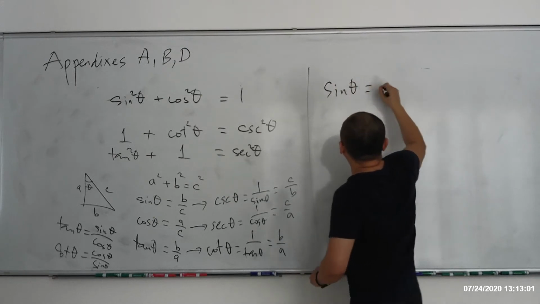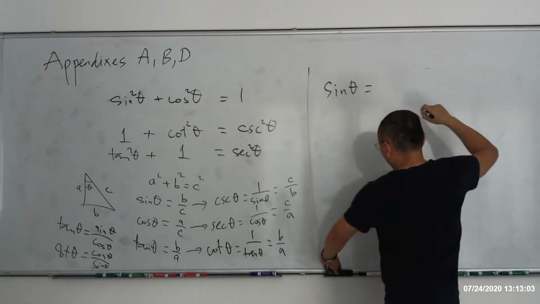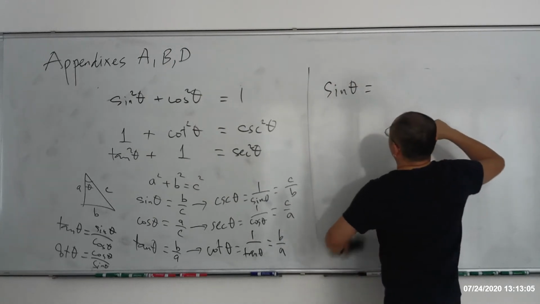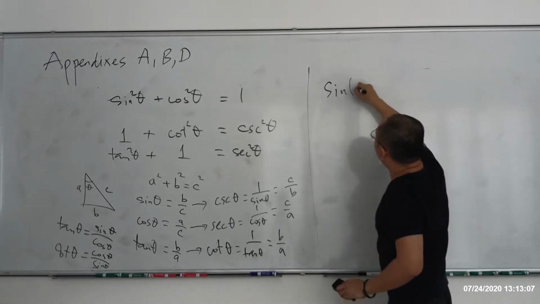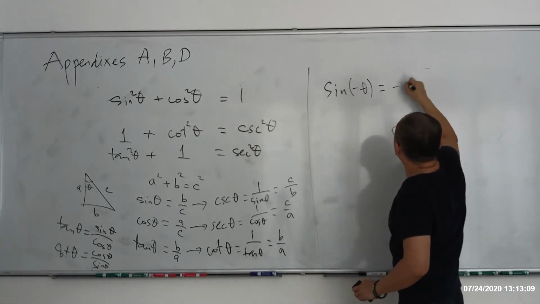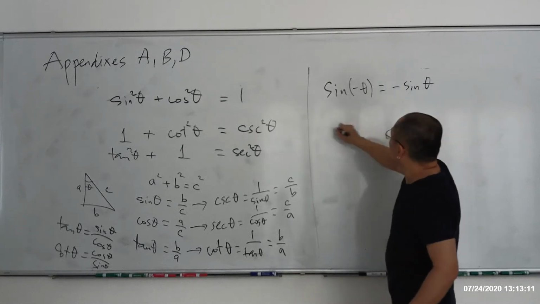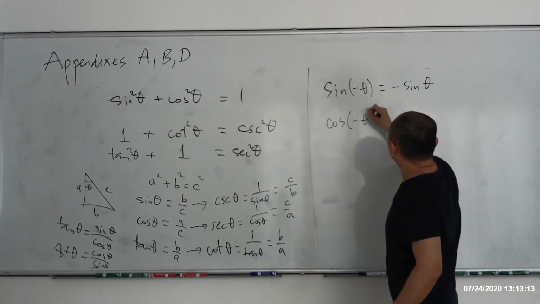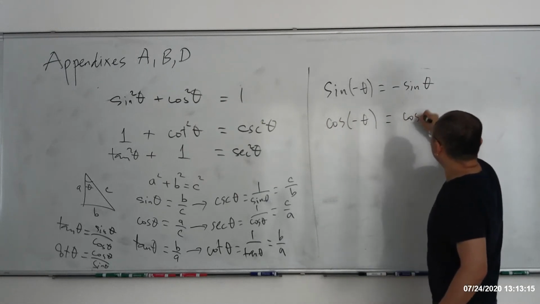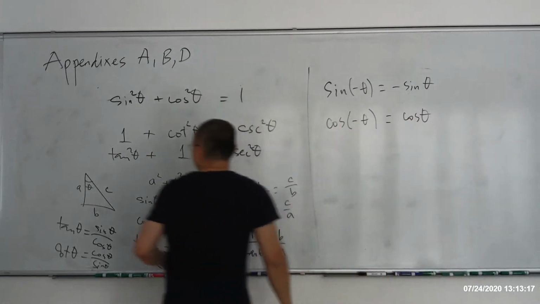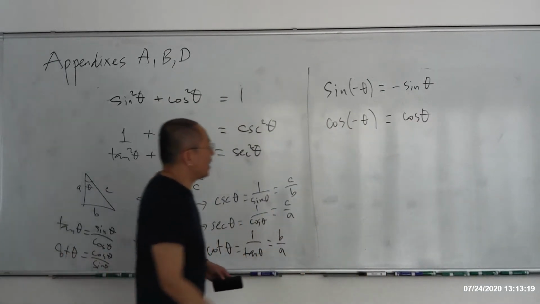Sine of negative theta will be equal to negative sine of theta. Cosine of negative theta is equal to cosine of theta. And to explain this, let me talk about the unit circle.